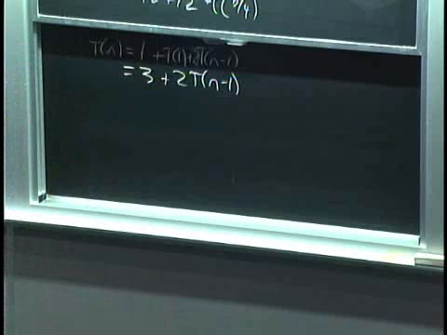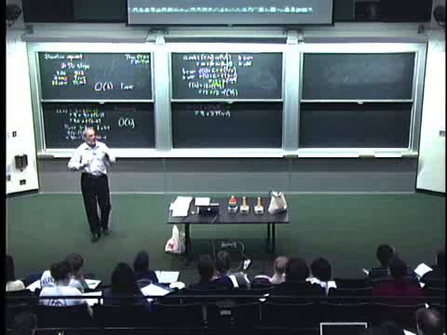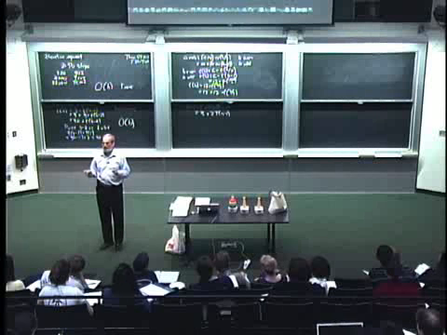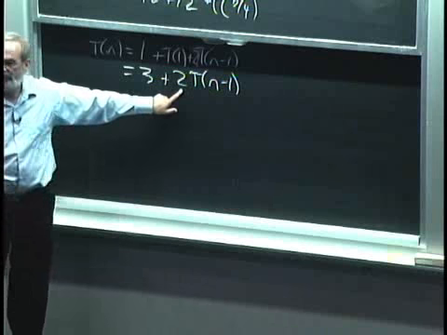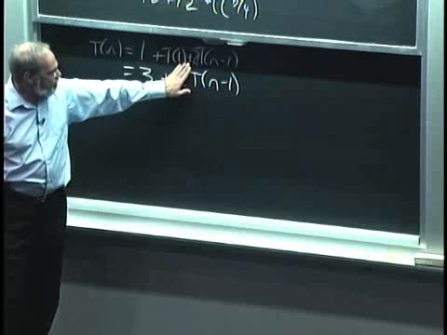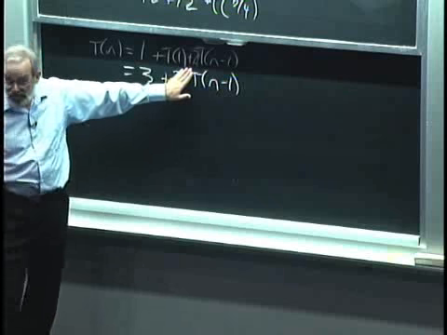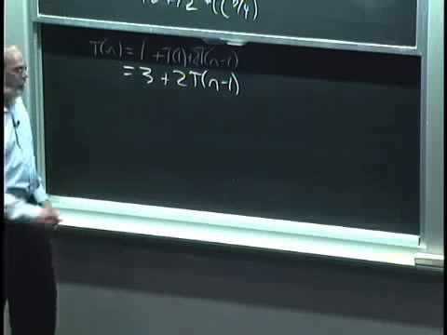Now, you might look at that and say, well, that's just a lot like what we had over here. We had some additive constant plus a simpler version of the same problem reduced in size by 1. But that, too, matters. So let's look at it. How do I replace the expression for t of n minus 1? Substitute it again. T of n minus 1 is 3 plus 2t of n minus 2.